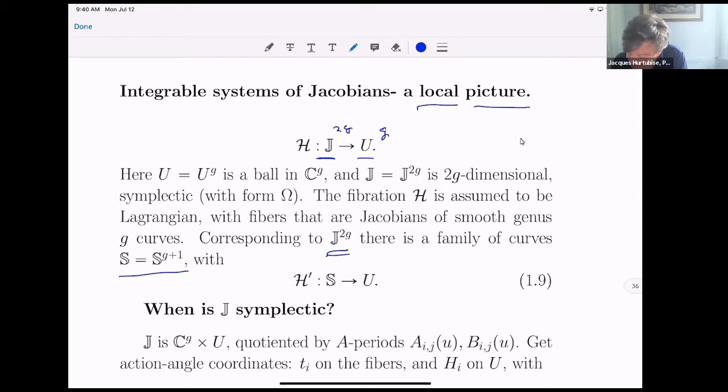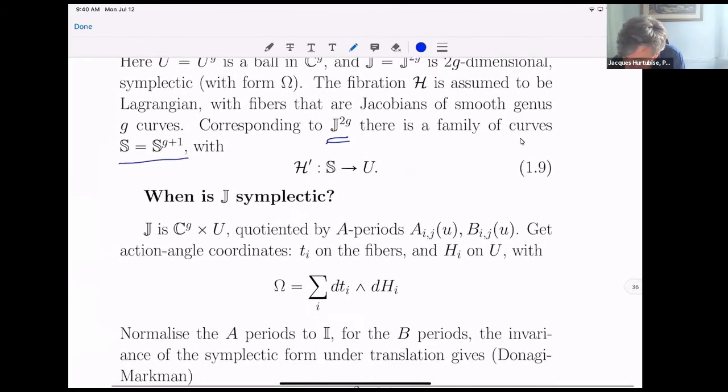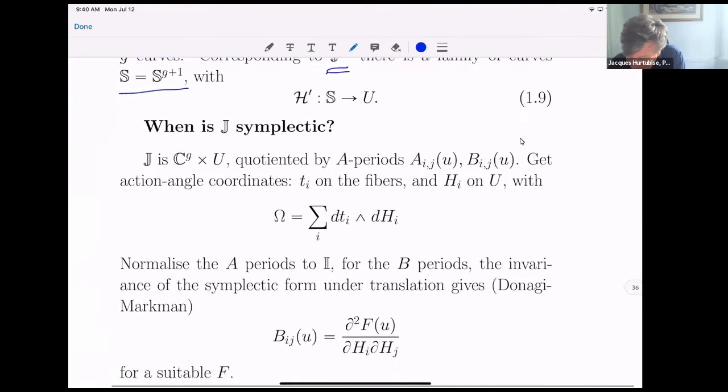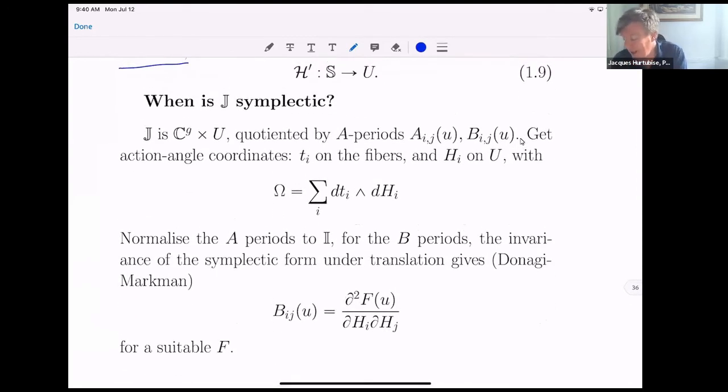Okay, now you want this thing to be an integrable system, and you can do the thing you have for real integrable systems. You can go to action angle coordinates.